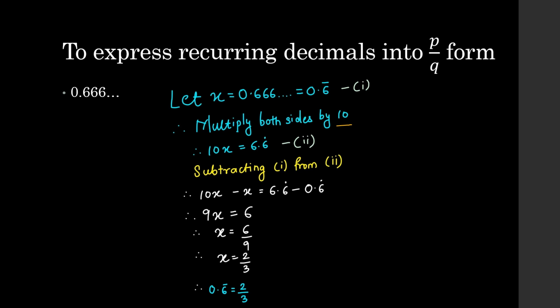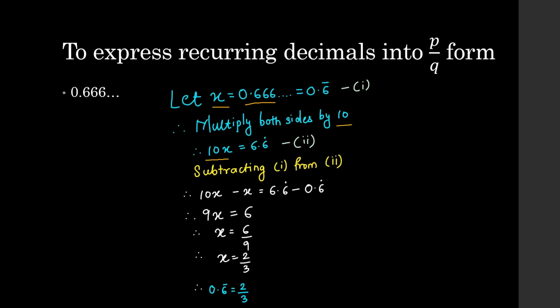Now after multiplying both sides by 10, both sides meaning the left hand side is equal to the right hand side, 10 into x will give you 10x. 0.666 into 10: now I am multiplying by 10, so the decimal point will shift towards the right side. So it becomes 6.666 recurring. Now I have two equations.